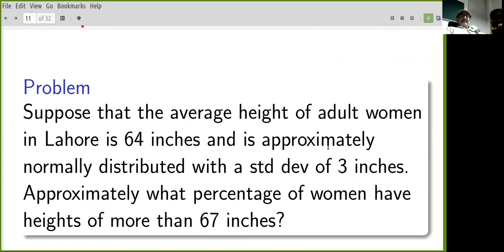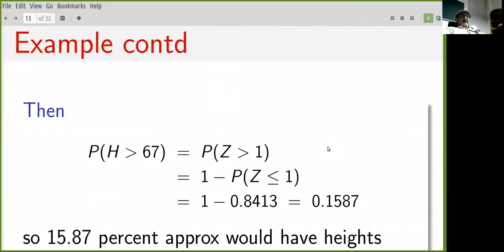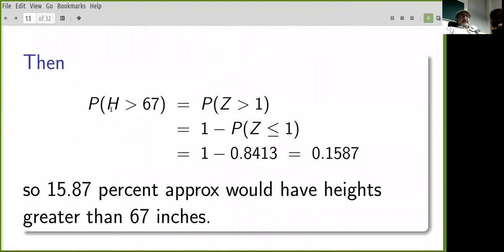So that would be the CDF evaluated at one standard deviation. The probability the height is bigger than 67 is the probability that the standard normal takes a value bigger than 1. That's 1 minus the probability that the standard normal takes a value less than or equal to 1.